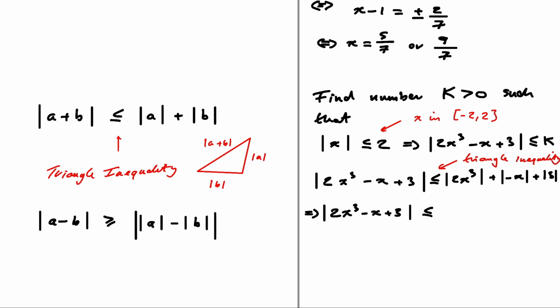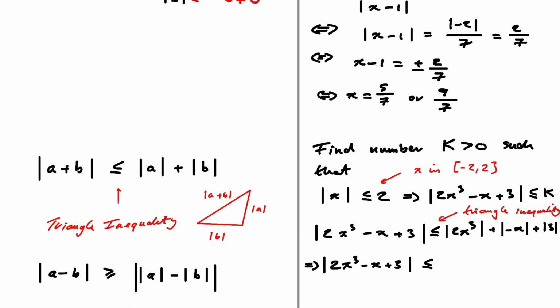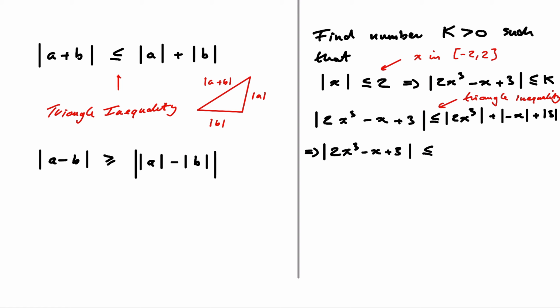I can use the multiplicative properties from above to write this as the absolute value of 2, which is just 2, times the absolute value of x all to the power 3. That's the multiplicative property. Plus, well, the absolute value of x, it's the same as the absolute value of minus x, plus 3. Now, what I have at present is now a sum of just stuff that's positive, right? All I'm adding together is positive things.